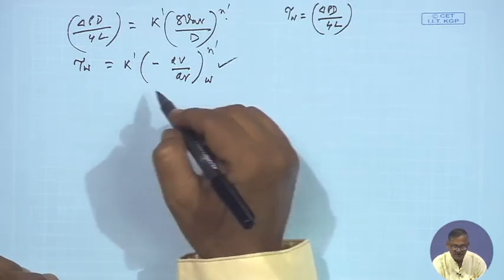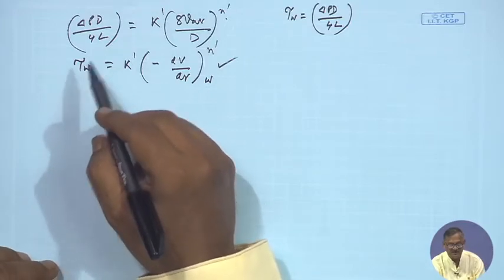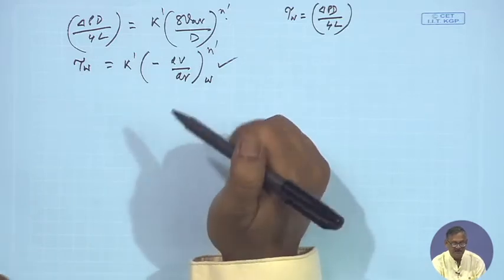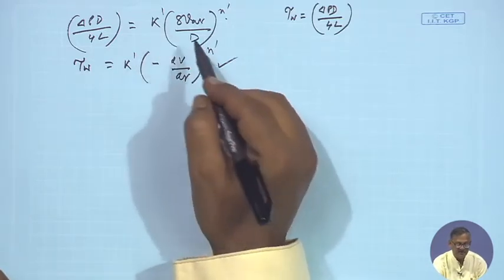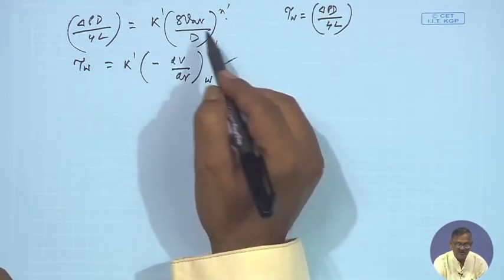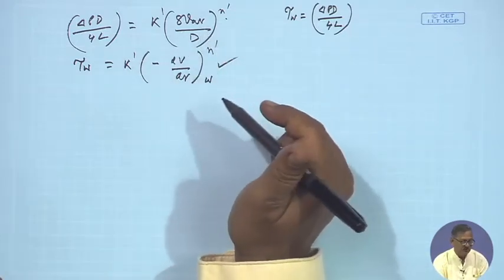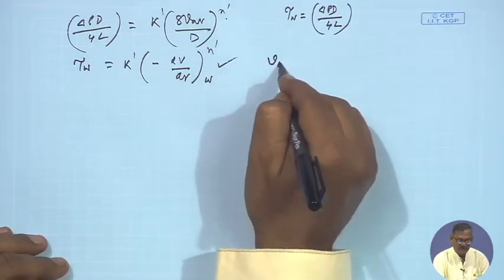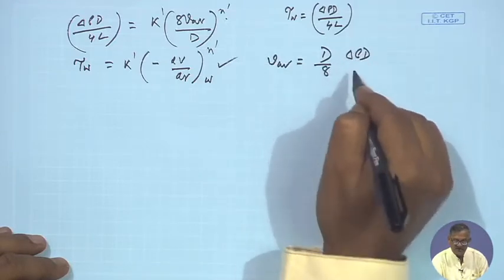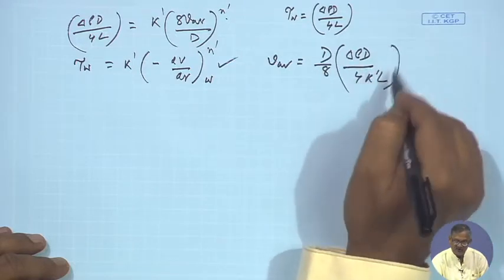If you trace back, the shear stress at the wall, tau w, is delta P d by 4L, and that equals k prime times negative dV dr at the wall to the power n prime, which becomes equal to 8 V average by d. So we can write V average equals d by 8 times delta P d by 4 k prime L whole to the power 1 by n prime.